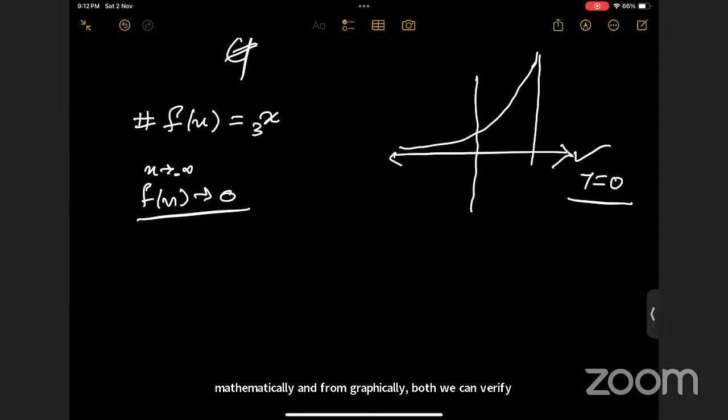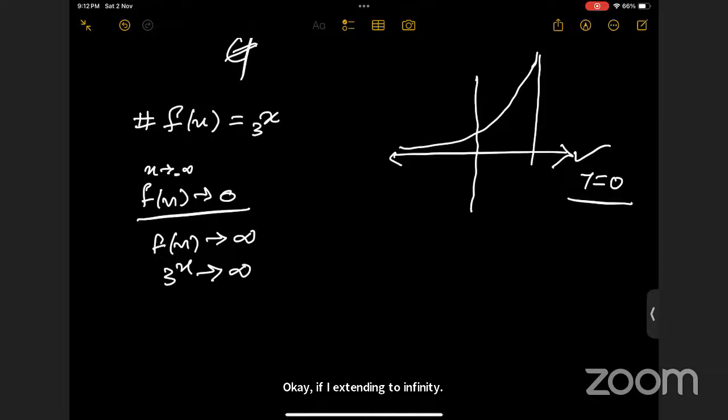Same for this function: suppose we want to find the vertical asymptote, then f(x), that is 3 power x, is tending to infinity, right? Then x will be tending to infinity.